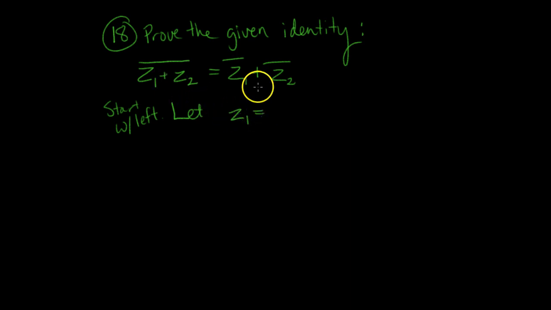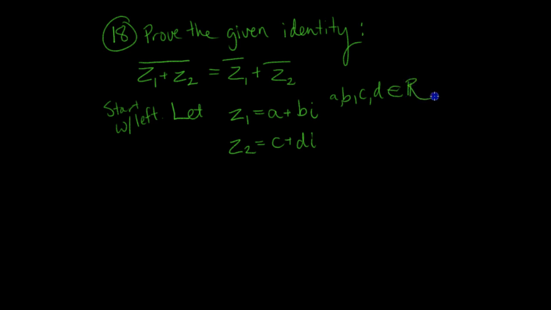Remember, z1 and z2 stand for complex numbers. So I'm going to say let z1 equal a plus bi and z2 equal c plus di. As long as we can say a, b, c, and d are real numbers, we're okay. And we're kind of assuming that. So let's first start with z1 plus z2.